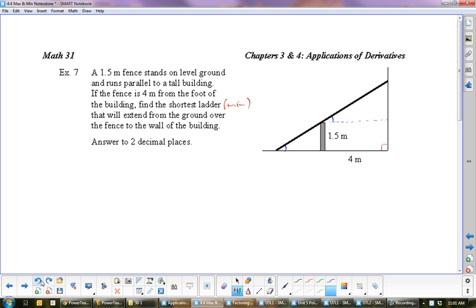And we know, so if we just looked at these two triangles, okay, now I know that for this triangle, this is 4 meters, right?